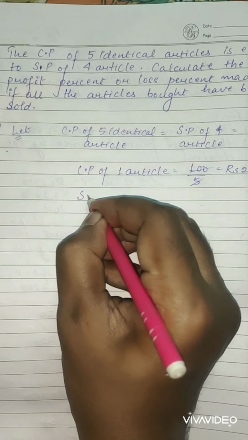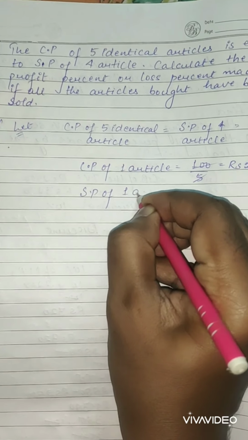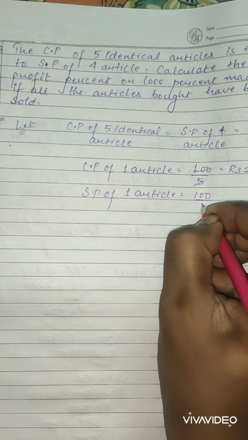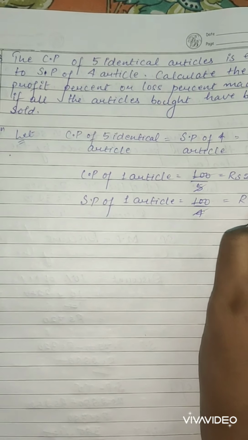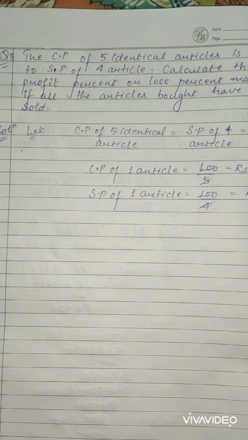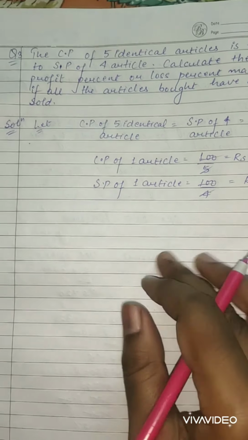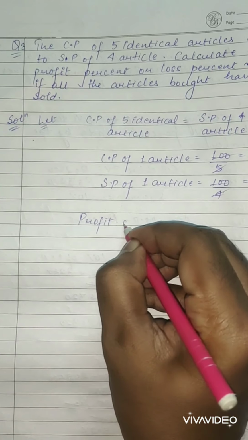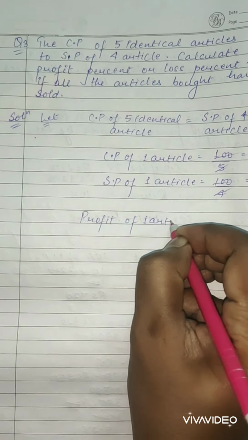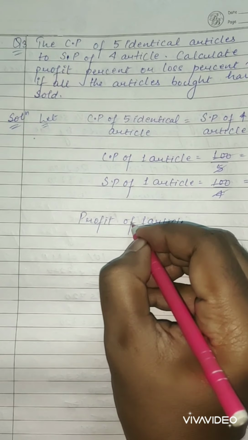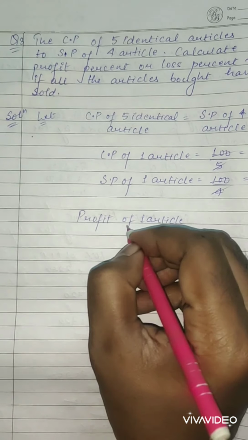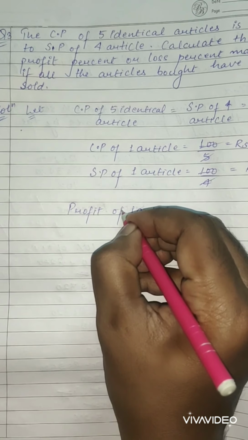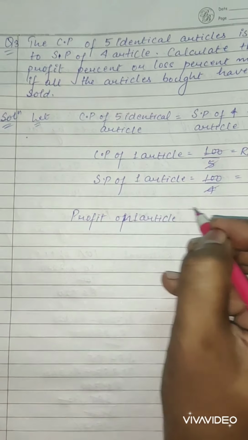Clear? And the selling price of one article, that is 100 upon 4, that is rupees 25. Clear? So now the profit on one article, that is much better.